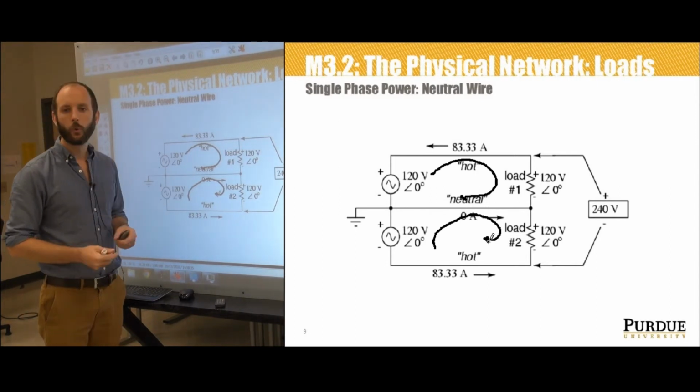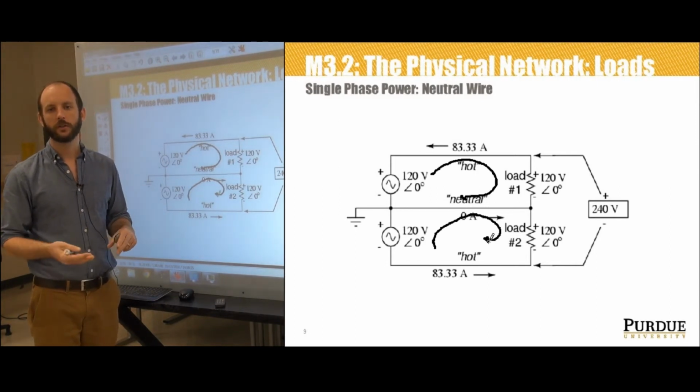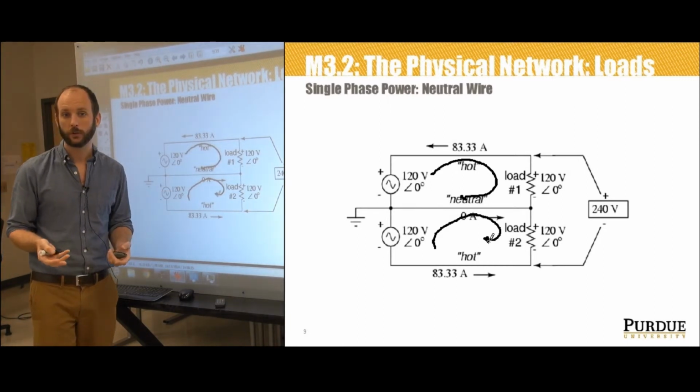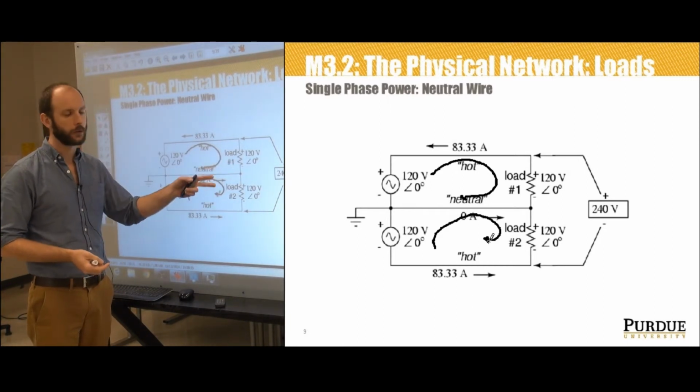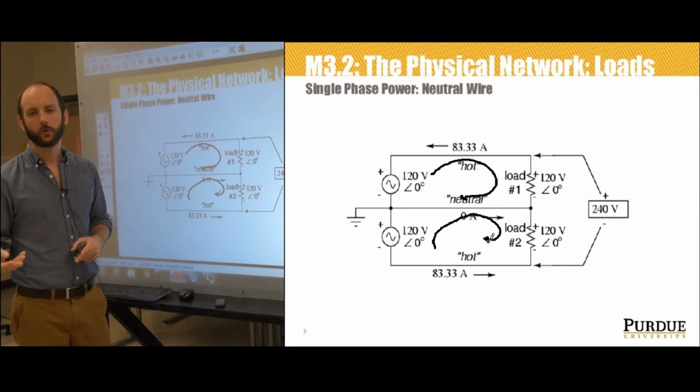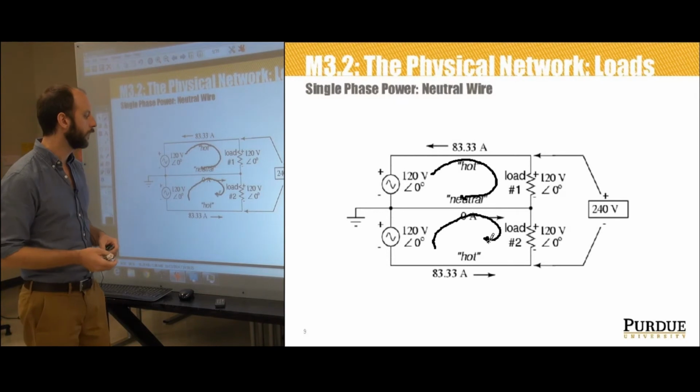So the neutral wire, what we would say more generally is that it only has to carry the difference between the 2 load currents. And in the case that the loads are perfectly balanced, as we've illustrated here, the neutral wire will always carry 0 current.